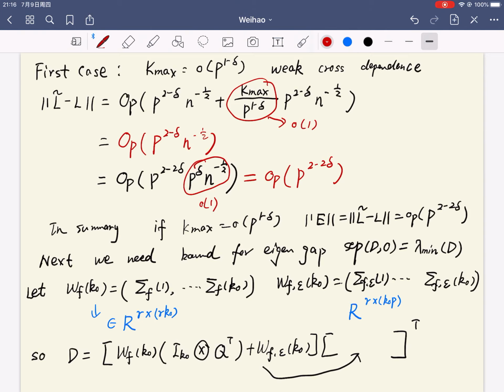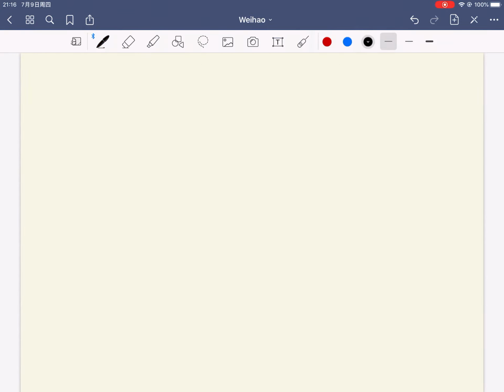Here, I use this notation to stand for the summation of the matrices.